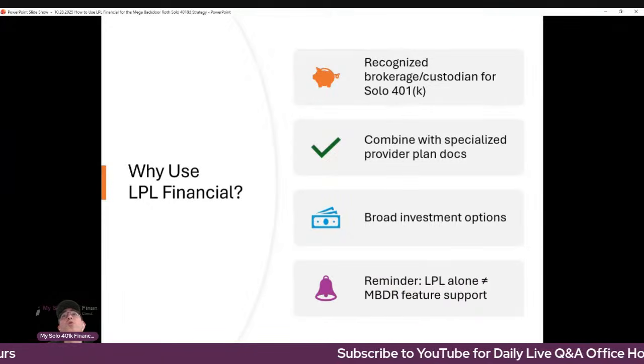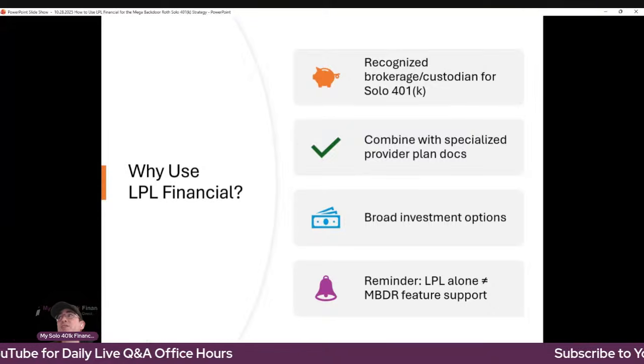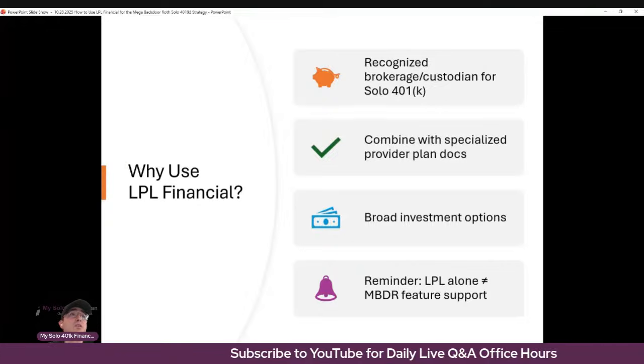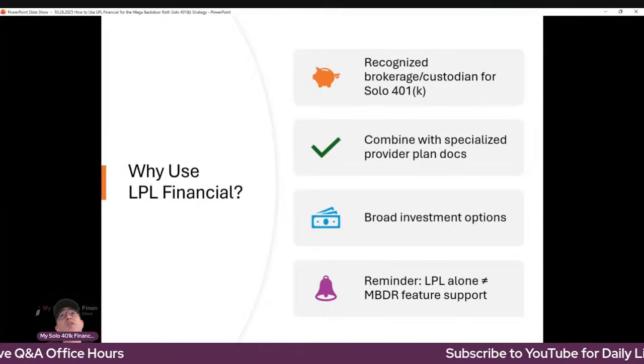For example, the IRS expectation is that a separate EIN number is obtained for the Solo 401k. This is different and distinct from the EIN number that you might have for your self-employed business, right? You might have an EIN number for your self-employed business, for example, to pay contractors. Well, the IRS expectation is that a separate EIN is obtained for the 401k.